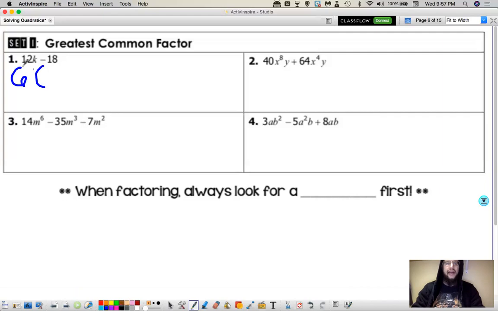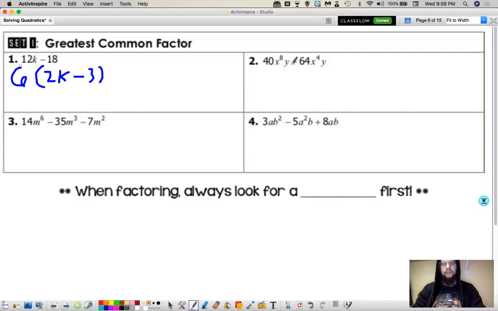And if I factor out a 6, if I undistribute, I'm dividing. So that's 12K divided by 6. That's a toughie. 2K. Minus, I didn't change the sign here, so why would I change the sign? 3. Done. And of course, you can always check yourself, distribute it back out. 12K minus 18, we're good.